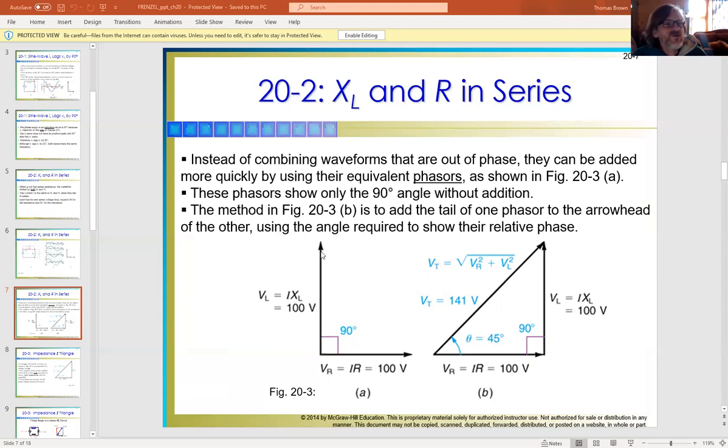I mean, basically when we go and see these circuits, the immediate thing is to realize what values you're going to need, draw out your phasors, and that way it'll help you draw out your equation. So if I were to draw this out, I'd have my resistive voltage response, and then I have my inductive voltage response. And then what's my voltage total? Well, we would just plug in the equation, Pythagorean theorem again, and develop what our voltage amplitude would be.